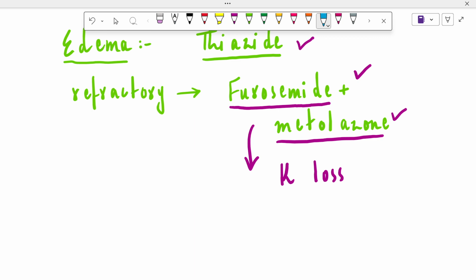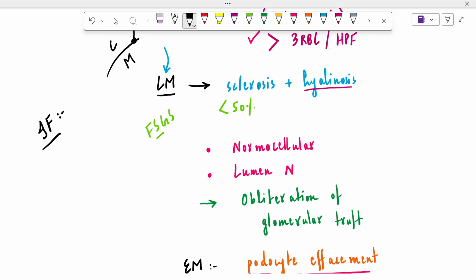One more thing, when we have done the light microscopy and electron microscopy, can we also do the immunofluorescence? Yes, we can do it. Immunofluorescence is a technique that indicates the deposition of immune complexes or immunoglobulins. But in case of FSGS, in most of the cases, the immunofluorescence is negative because there is no specific deposition of immune complex in the glomeruli.